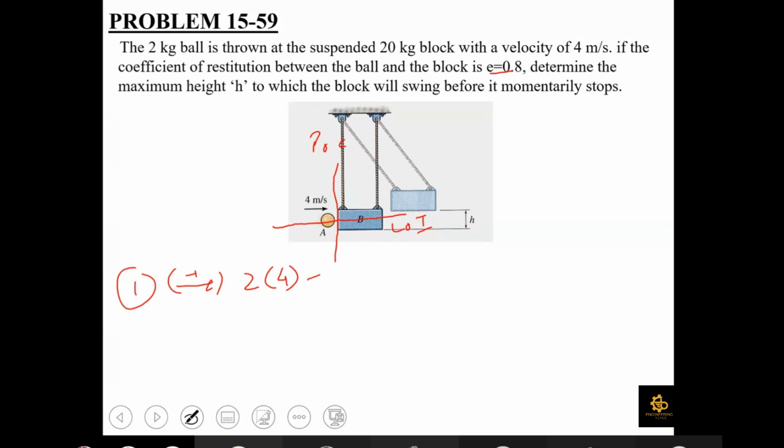The momentum of block B. What is the momentum of block B? Momentum 0. Since block B was at rest before collision, so it would have 0 momentum, and that should be equal to the final momentum, which is 2 VA2 plus 20 VB2. So you are going to get one equation in terms of VA2 and VB2 in step number 1.